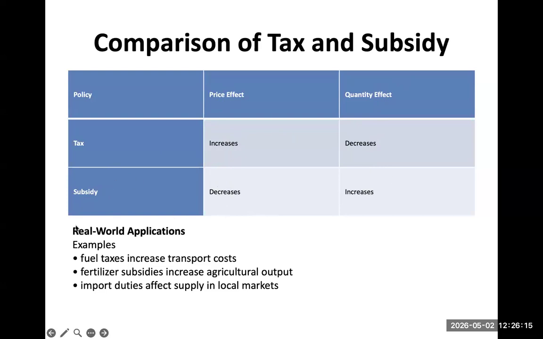A typical real-world example is that fuel taxes increase transportation cost. Whenever there's a tax on fuel, say a 1 cedi tax on fuel, what happens to the transportation cost?